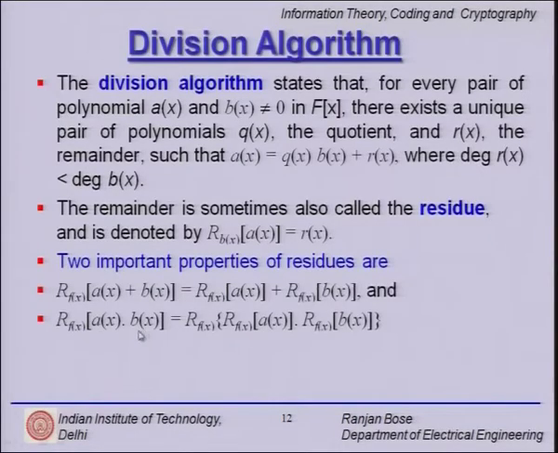And the product also holds true. If I have a product a(x) times b(x) and I take the residue with respect to f(x), it is nothing but the product of the residues, taken with respect to f(x). We will use these two properties over and over again.